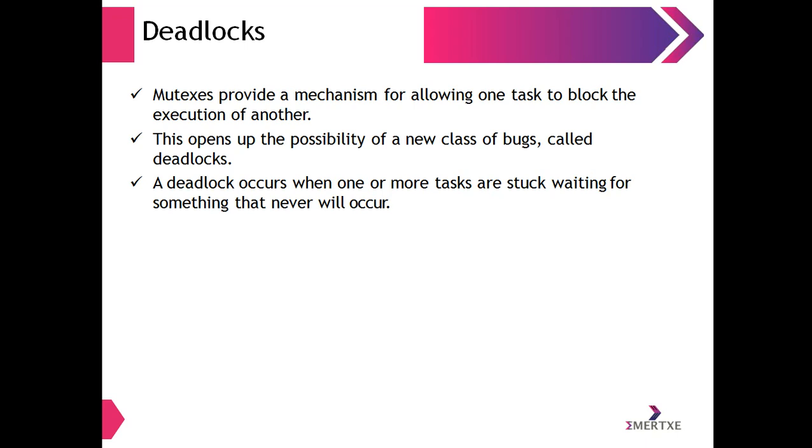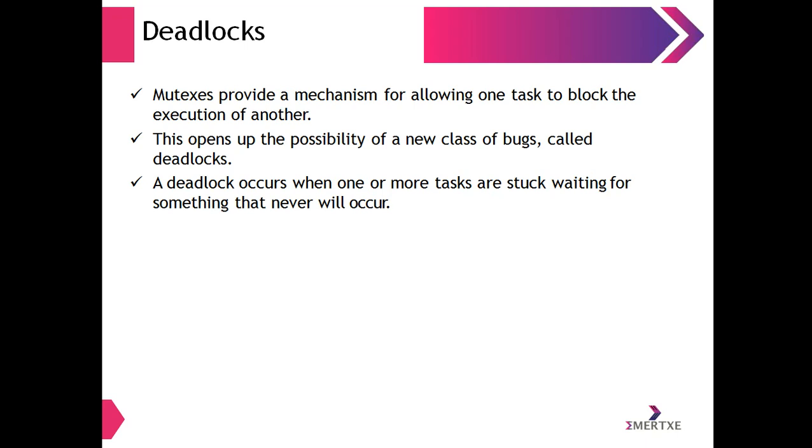The second part is the problem that occurs here: a mutex provides a mechanism for allowing one task to block the execution of another. Now suppose there is one mutex and both tasks are trying to grab it.